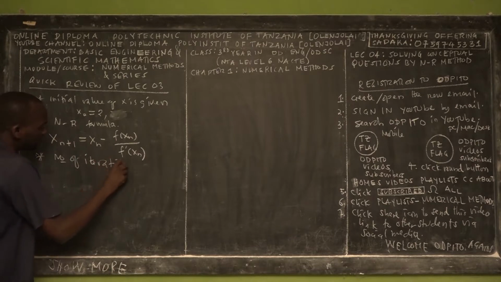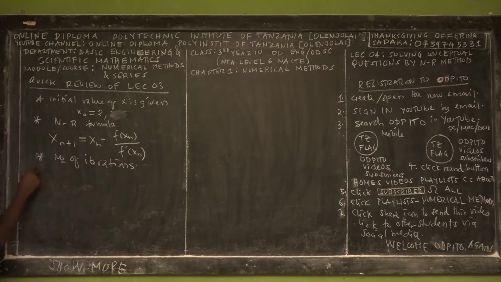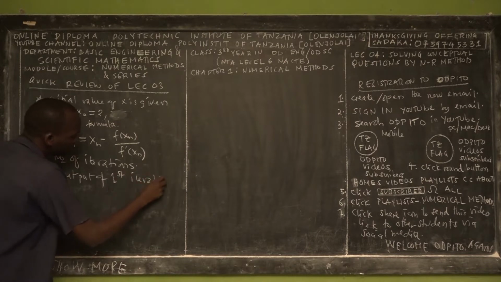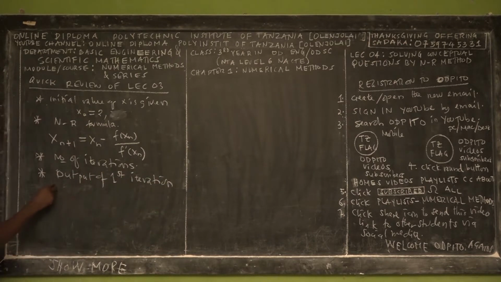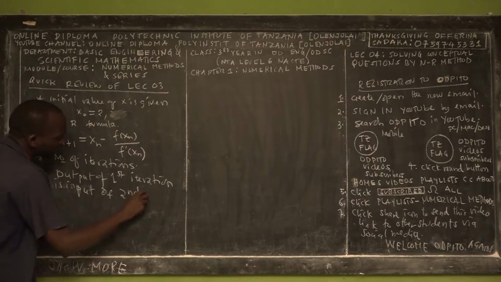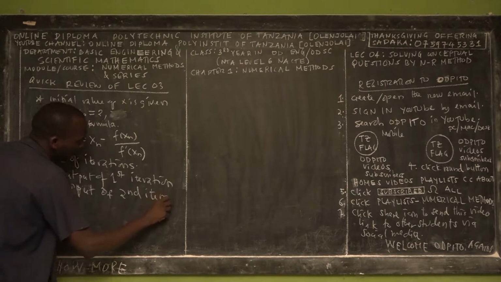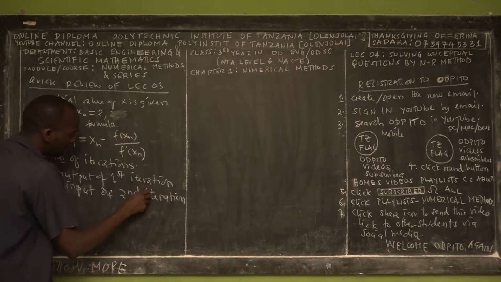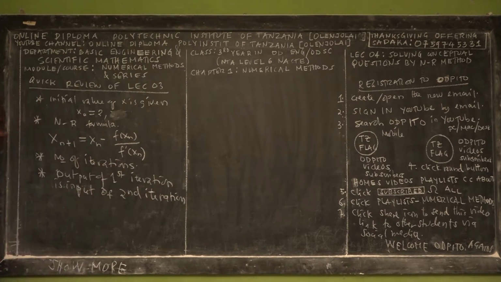And again, we have been solving these problems in a number of iterations. With this number of iterations, you find that the output of the first iteration is the input of the second iteration. This is a very important concept when you are dealing with software, because that's what we call an algorithm.